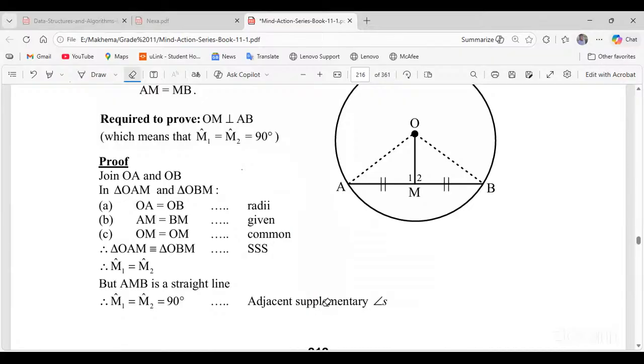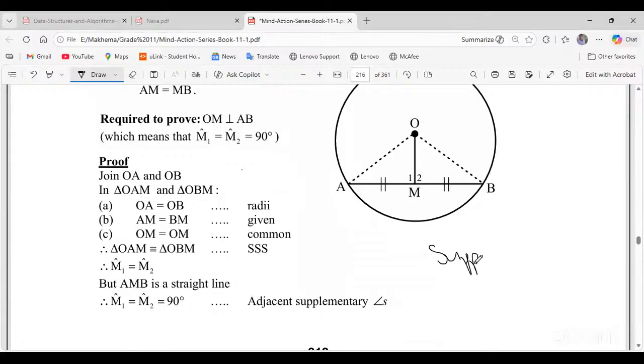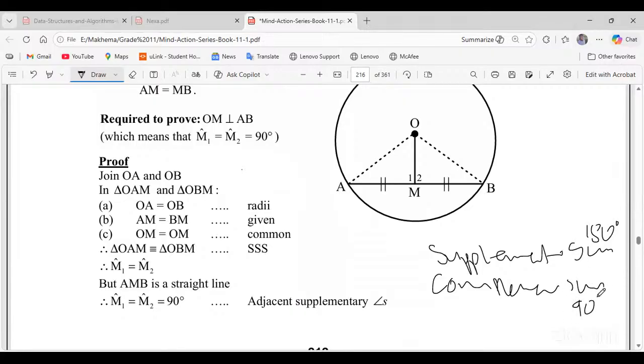What does the term supplementary mean? Now, in terms of angles, we will have a term supplementary and complementary. Supplementary, we mean now here sum up to 180 degrees, complementary summed up to 90 degrees, right?